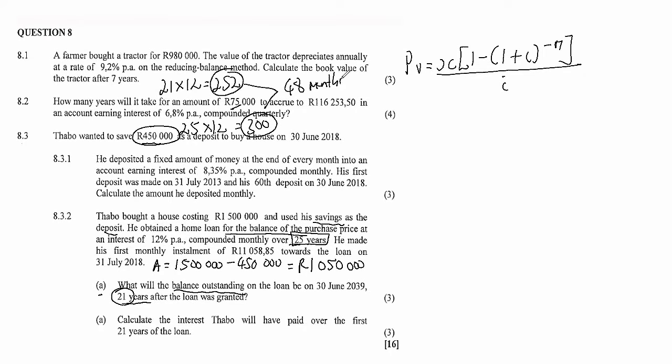Which we can also get by simply saying 25 minus 21, which will give us 4 years. And then we calculate the number of months in 4 years, which will be 4 times 12. Again, we still find 48 months, right? So either way, you could have calculated that.